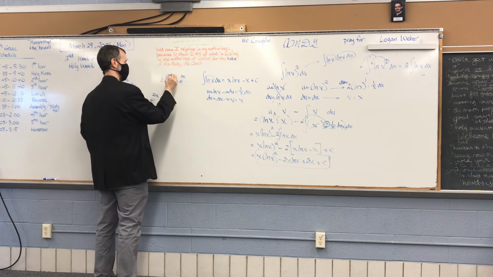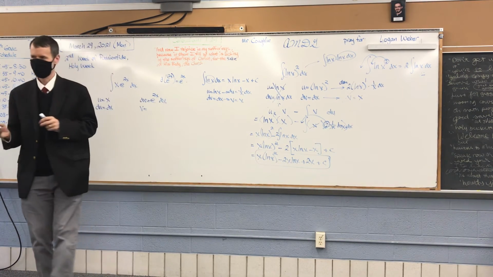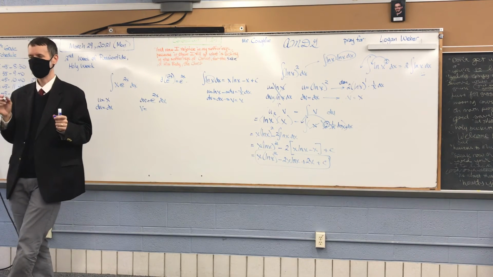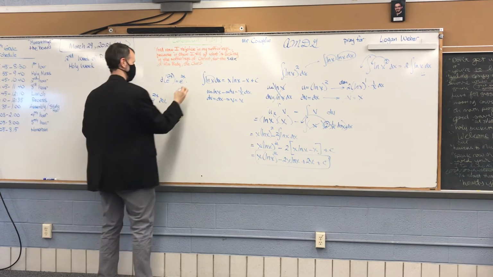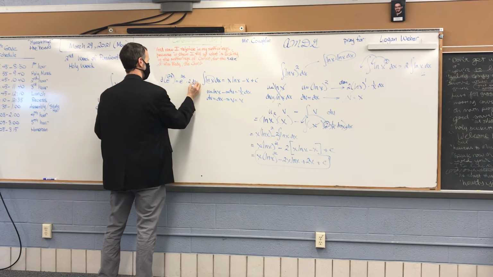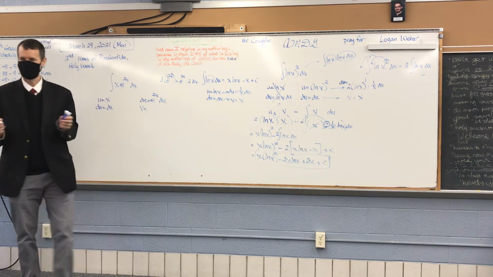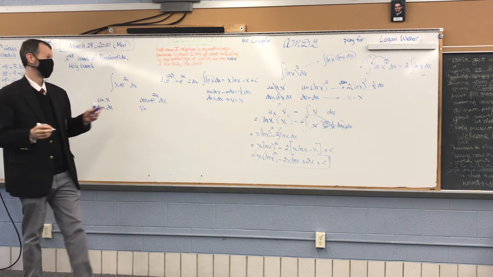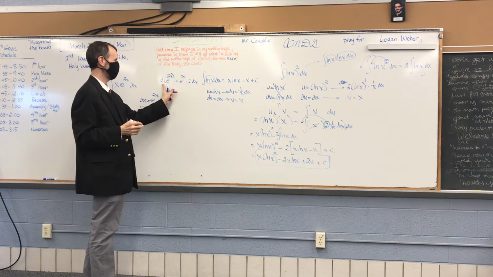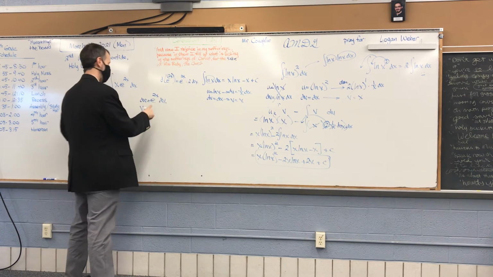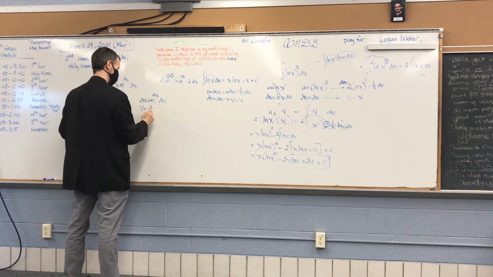Here's the input. Chain rule. The derivative of 2x is 2. Remember that? So then you divide by 2? Right. So if taking the derivative multiplies by 2, taking the antiderivative divides by 2.